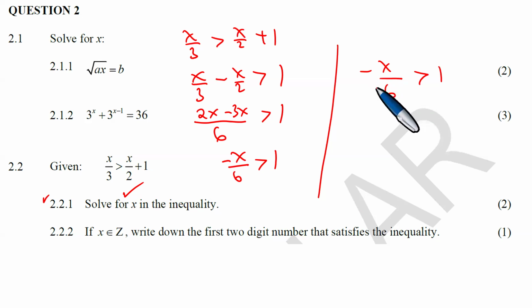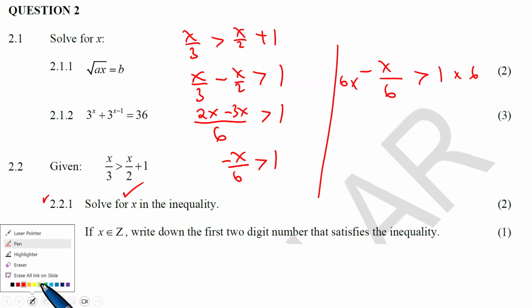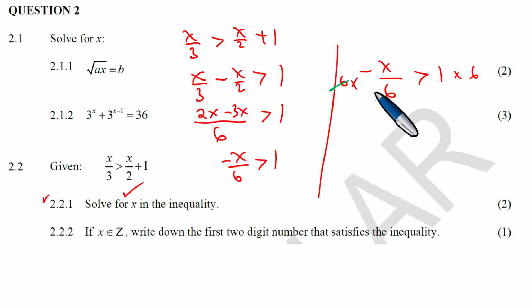To remove a 6 that is in the denominator, we multiply both sides by 6. Multiplying by 6, a positive number, just cancels it out, leaving us with minus x is bigger than 6. But we're not yet done, because it's still minus x is bigger than 6.